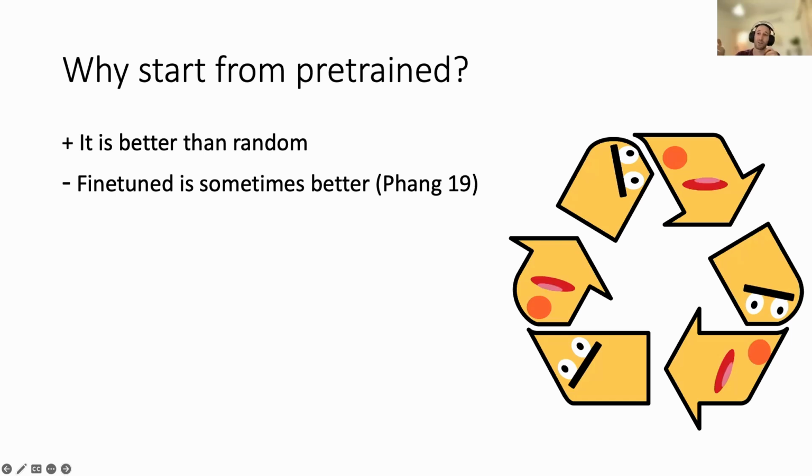But we found out that pre-training makes a better initialization for any of our tasks. And it's already known that this is not the optimal point. We know that sometimes there are better points, and obviously, if we could have initialized from our model after fine-tuning, that would be the best point, but we don't know that.